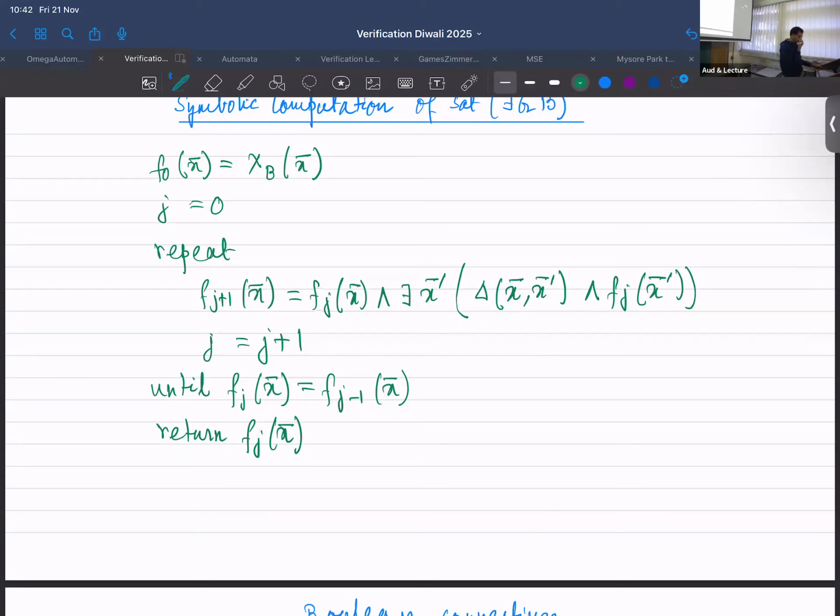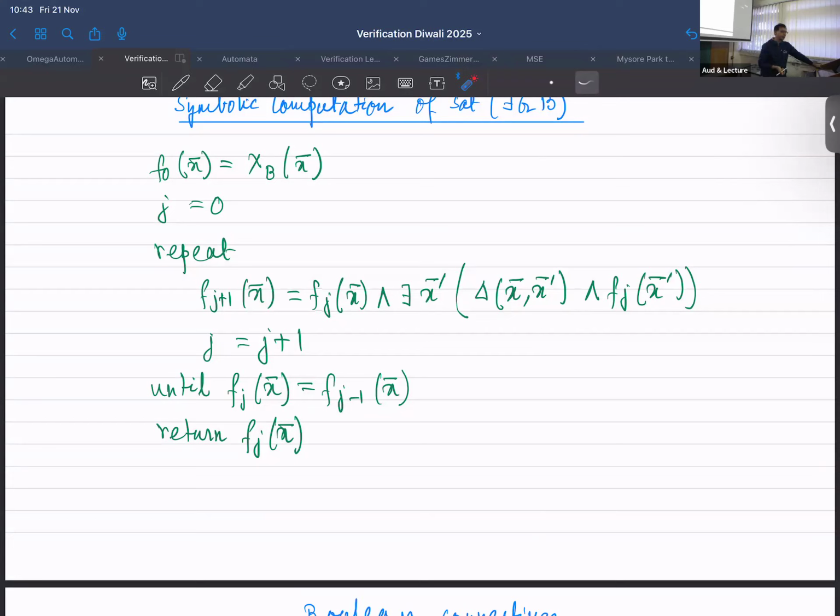And X bar should satisfy B. I'm starting from here itself, so I should always be in B to start with. And then in the next step, I have to be able to satisfy B now as well as for at least one more step.